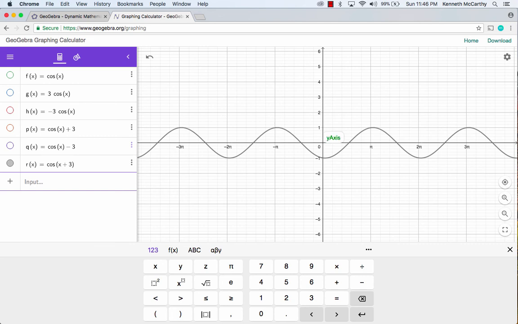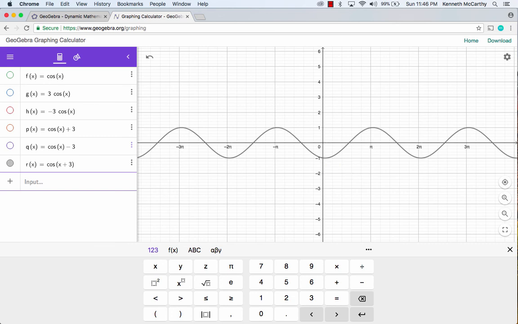So what used to be here has gone over negative 3 units. And that's going to be the same for when the parent function was here for pi, we had a negative 1, but that has also been shifted over 3 units here to here.